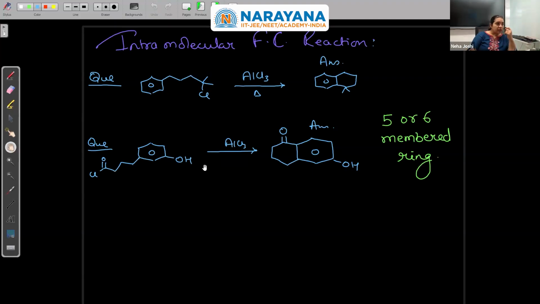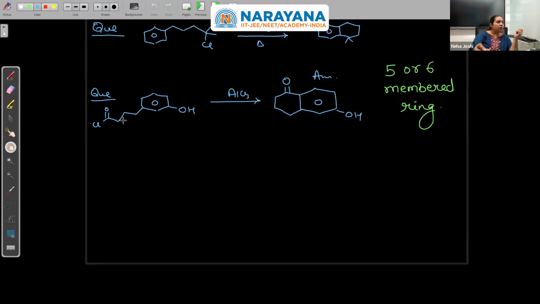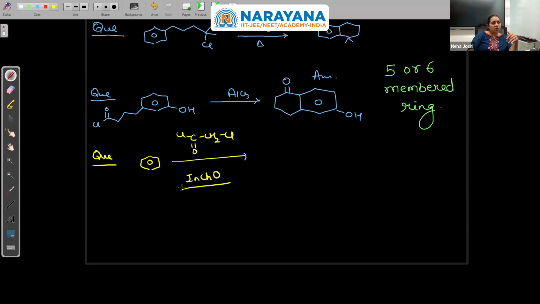Similarly here. Yes, one more thing I want to tell you. This is a very common question. They give benzene and they give something like COCl and CH2Cl. This was originally a question from INChO, but now it is appearing everywhere. It was a big question, one part of it.